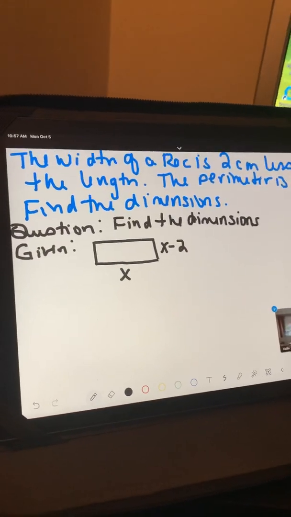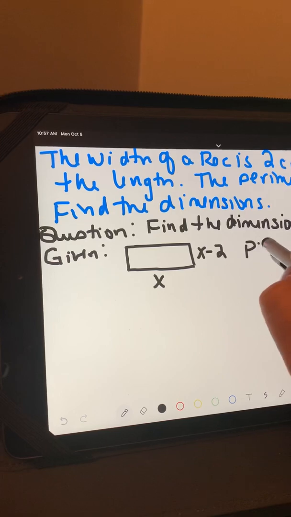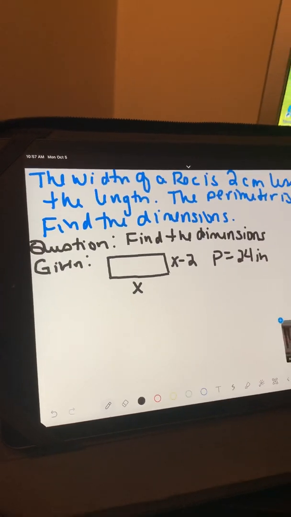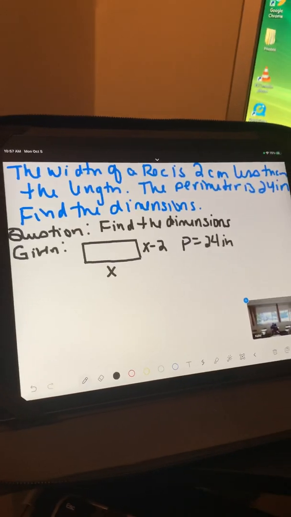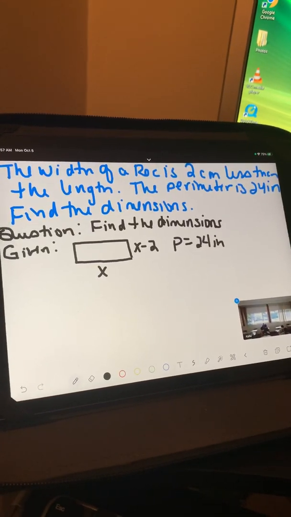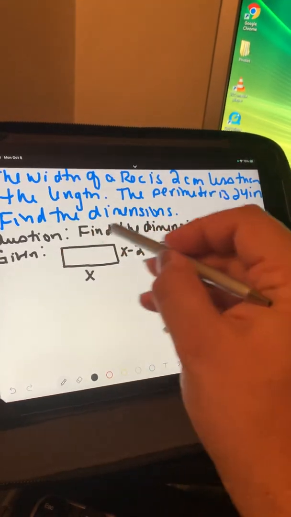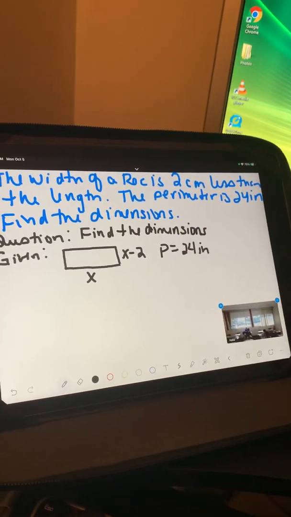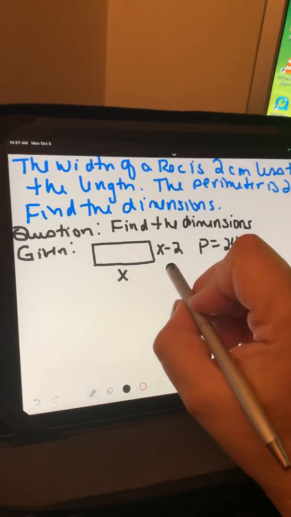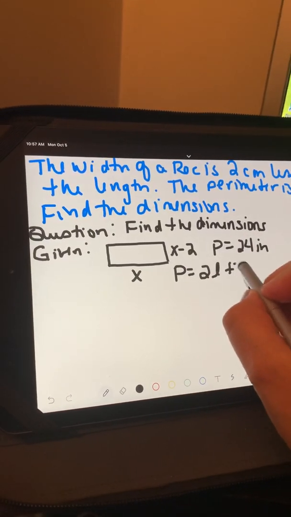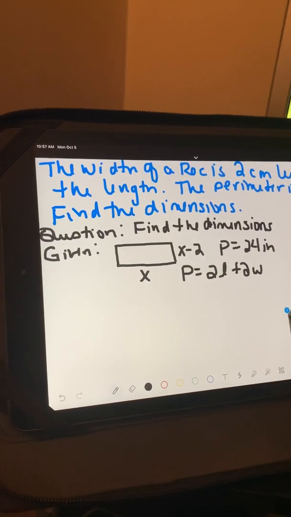Okay, I also know that my perimeter is 24 inches. One thing with rectangles, you have perimeter equations. The equation for the perimeter is all sides added up, but for a rectangle, they have a specific equation. Your perimeter is 2 times the length plus 2 times the width.